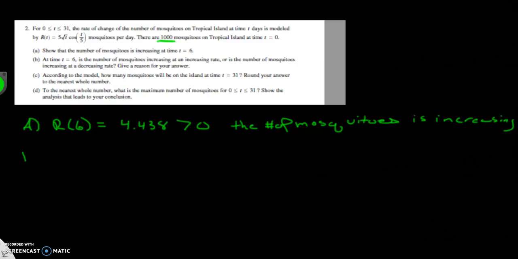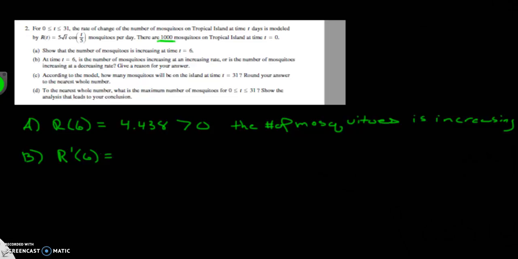Okay, part B. At time t = 6, is the number of mosquitoes increasing at an increasing rate, or increasing at a decreasing rate? Give a reason for your answer. So that's pretty easy. You would take the acceleration formula. So you take the derivative r'(6) and see what the sign is.